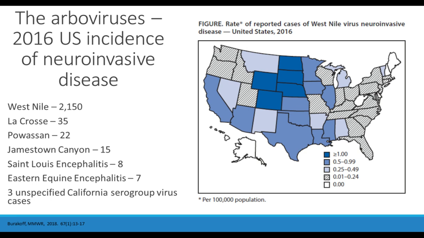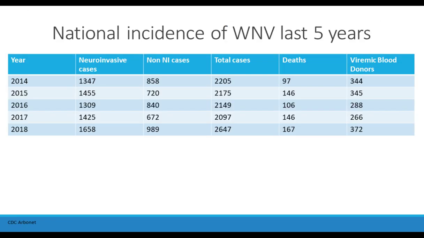If people have been listening to the news this year, Eastern equine encephalitis virus has been popping up a lot more this year in the U.S. than in others. We can see that with West Nile over the past few years, comparing 2014 to 2018 in terms of incidence.